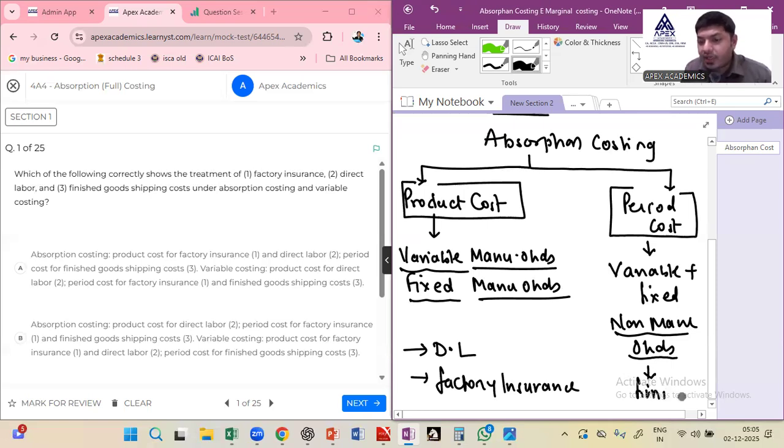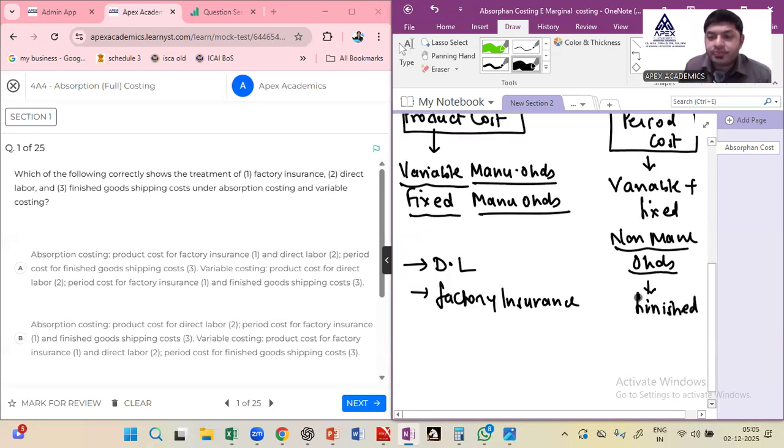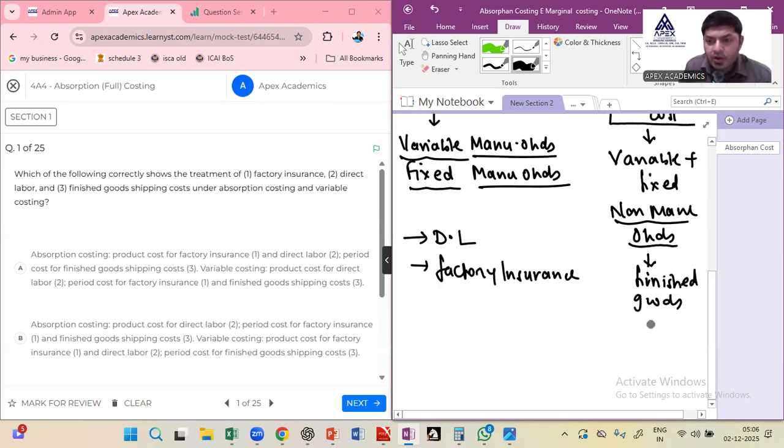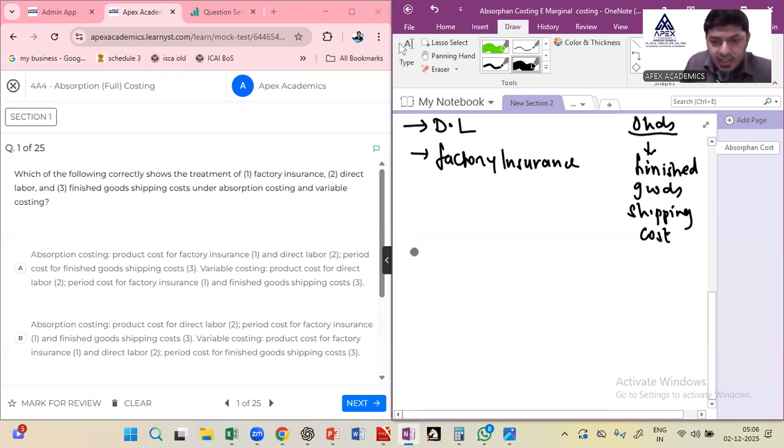So, if I was to write down finished goods shipping cost, what does it become? It becomes a period cost. So as far as absorption costing is concerned, ABS means absorption costing.